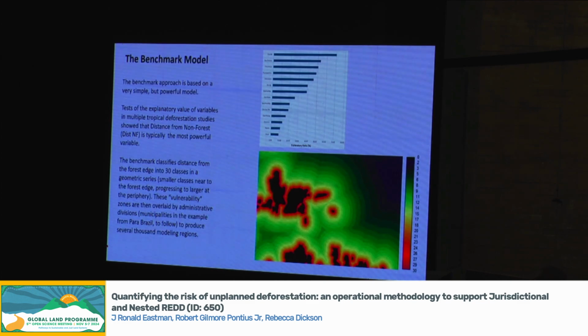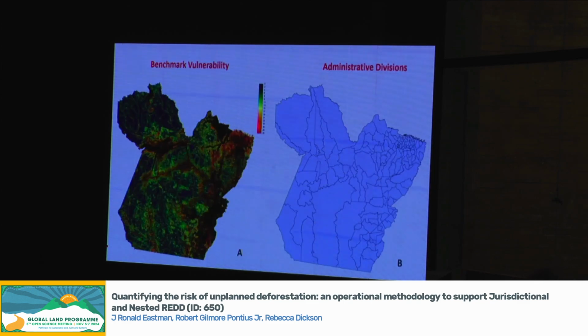There's a methodology for how you apply that geometric series. We call these vulnerability zones, and you can see in this graphic the zones emanating out away from areas of previous deforestation. So that's one component of our benchmark model.